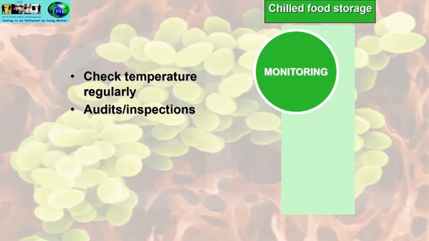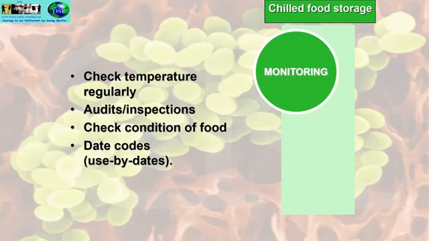And regular audits and inspections. Check the condition of food. And obviously date codes need to be adhered to. I will go through codes later on, but the only 2 codes that are recognised by food safety legislation are best before and use by.